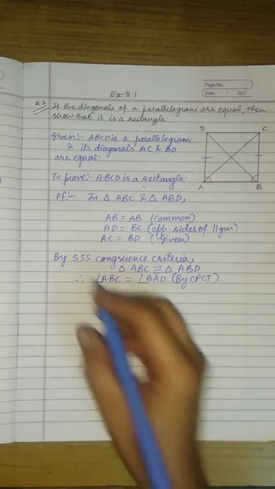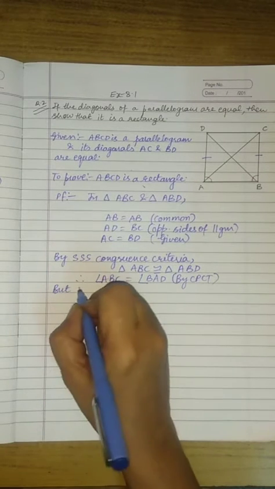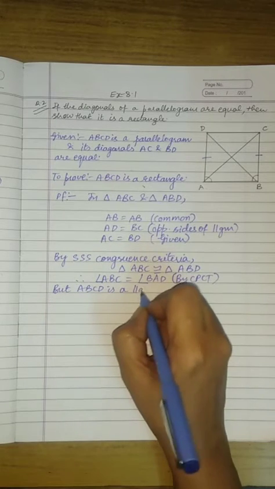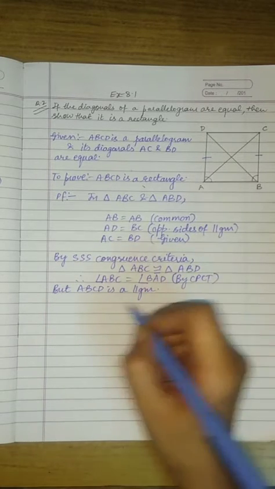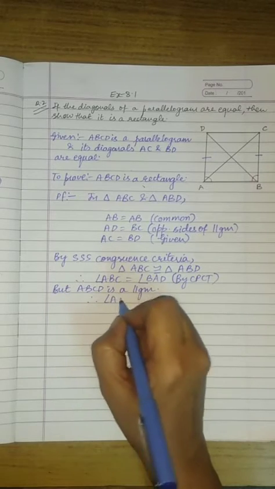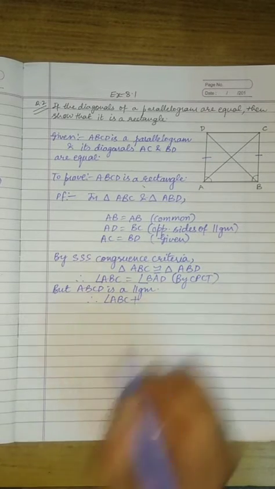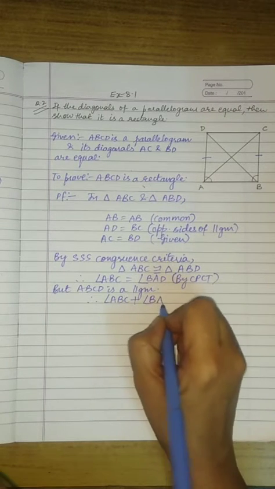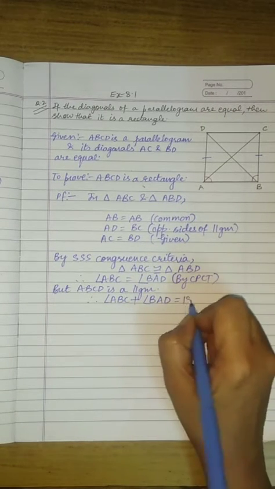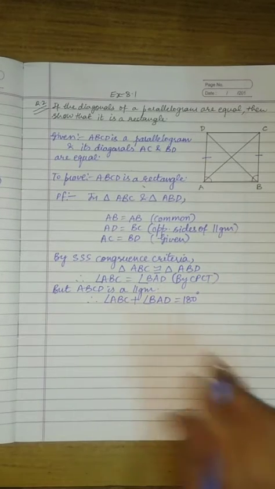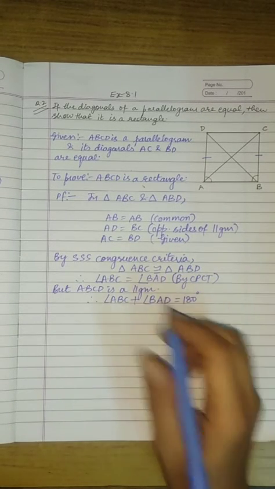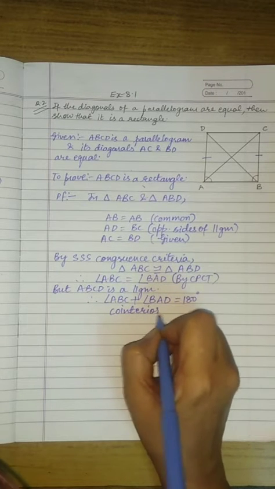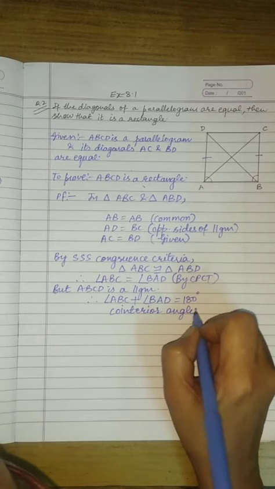But we know that ABCD is a parallelogram. Therefore, angle ABC plus angle BAD is equal to 180 degree. Why is the sum 180 degree? We will write here co-interior angles.